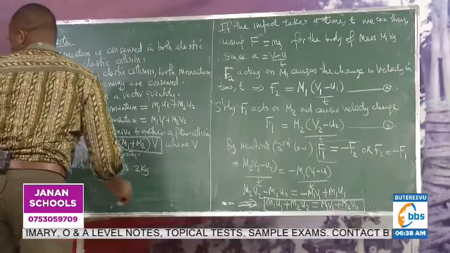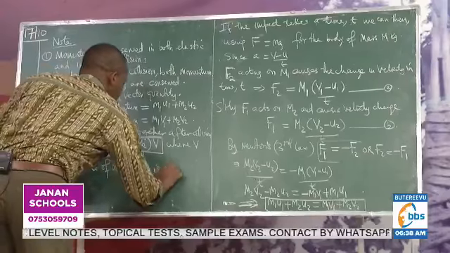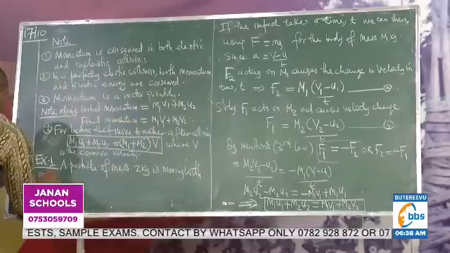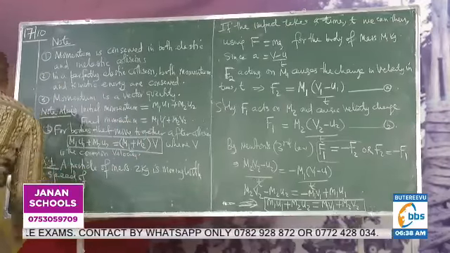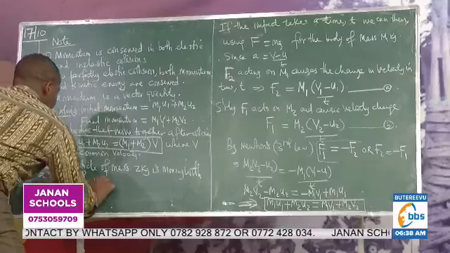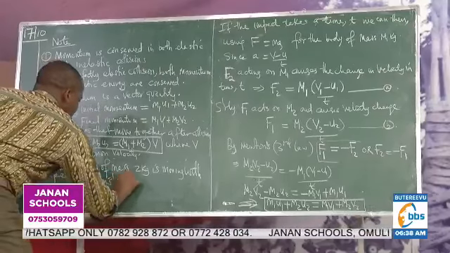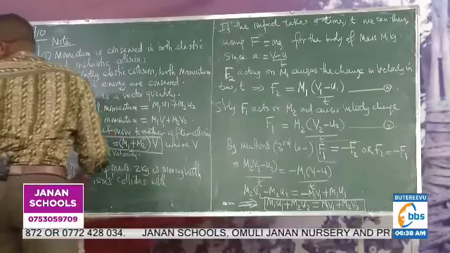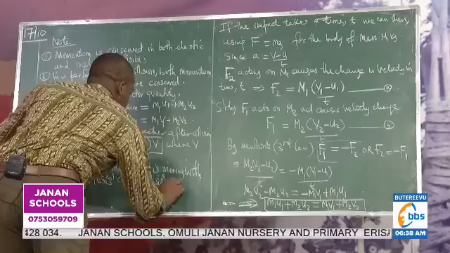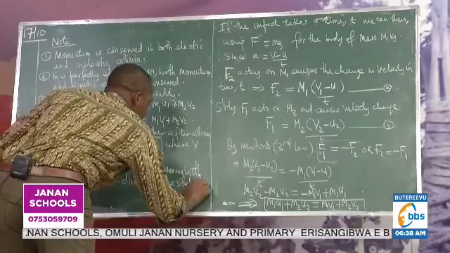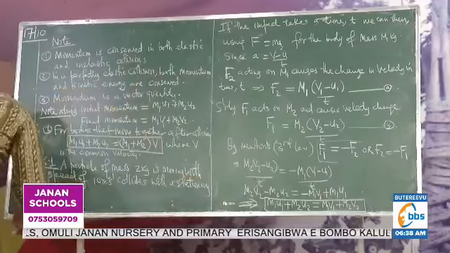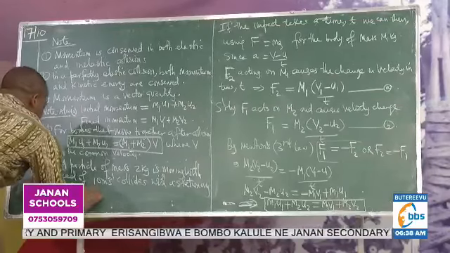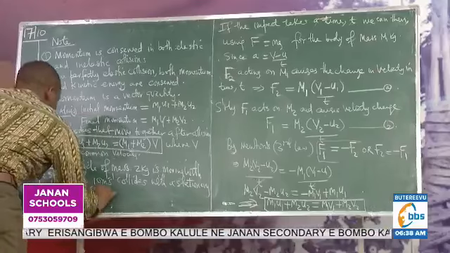It's moving at a speed of 10 meters per second, collides with a stationary particle also of known mass. The mass of the particle is 7 kilograms.